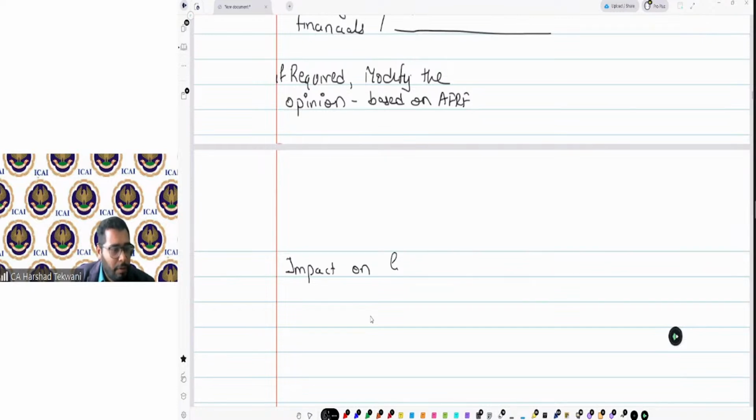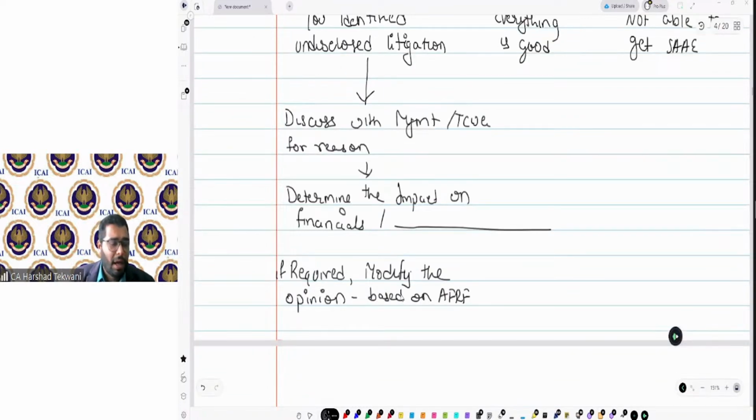Impact on going concern. Notes to account. Yes. One last area, that is, determine the impact on financials and audit risk assessment. Why? I'll tell you the reason.